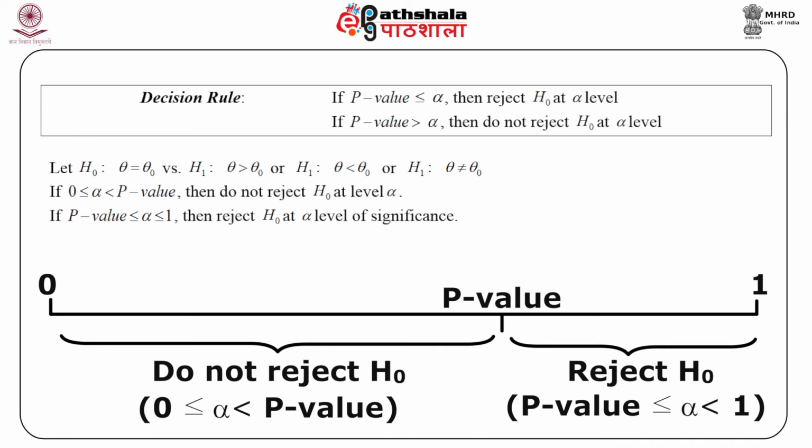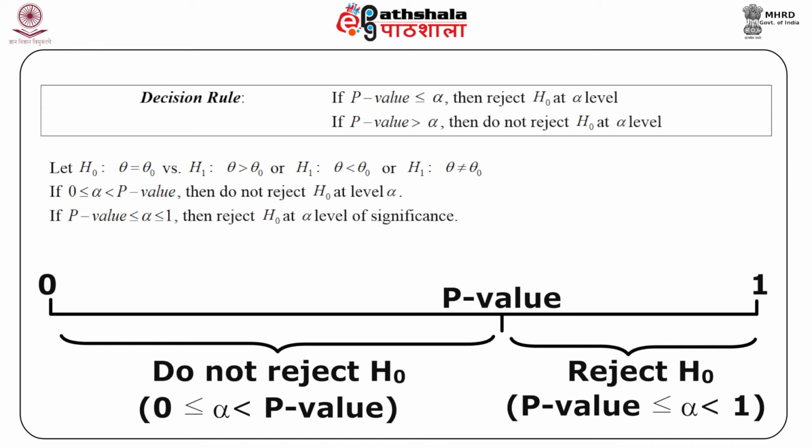So let H0 be theta equal to theta 0 versus alternative hypothesis H1, which is theta greater than theta 0, or H1 could be theta less than theta 0, or H1 theta not equal to theta 0. So if alpha is between 0 and p-value, then we do not reject the hypothesis at level alpha.